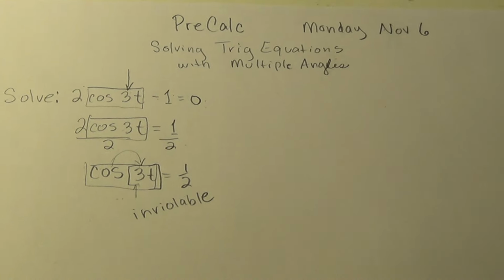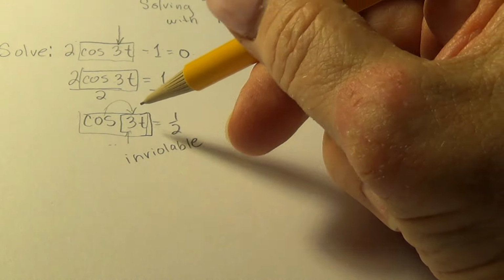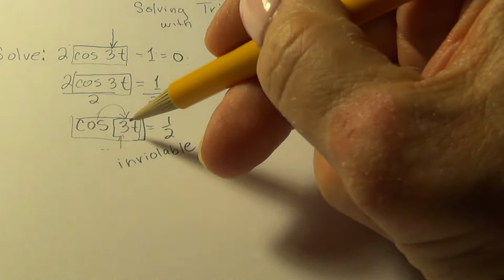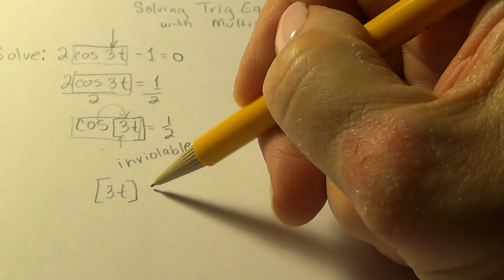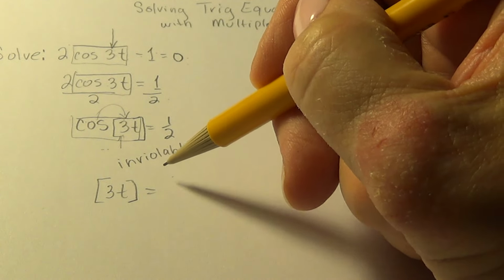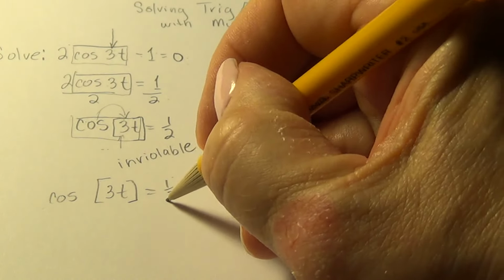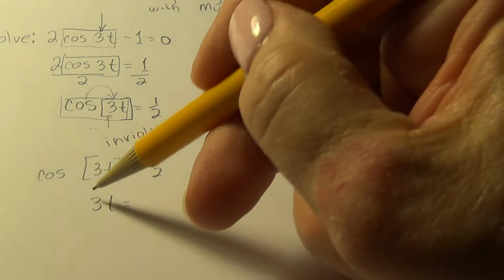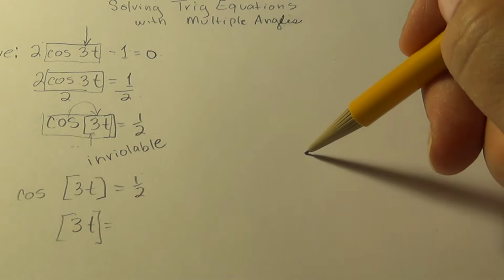All right, so we're going to keep the 3t together, and we're going to find out where on the unit circle the cosine of 3t will equal 1/2. So we're going to find a spot where 3t will have a cosine of 1/2.